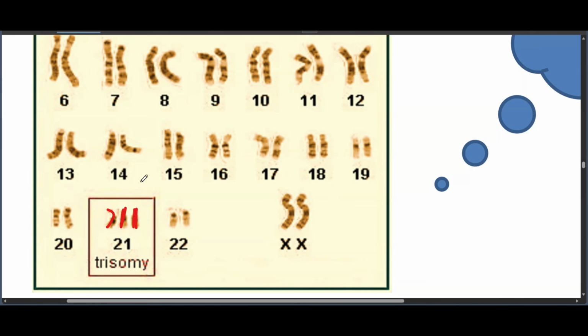This is an example of a chromosomal mutation, because we now have an abnormal number of chromosomes. Remember, guys, the acceptable arrangement of chromosomes on a karyotype is in pairs, 23 pairs to be precise. That makes 46 chromosomes in a body cell.